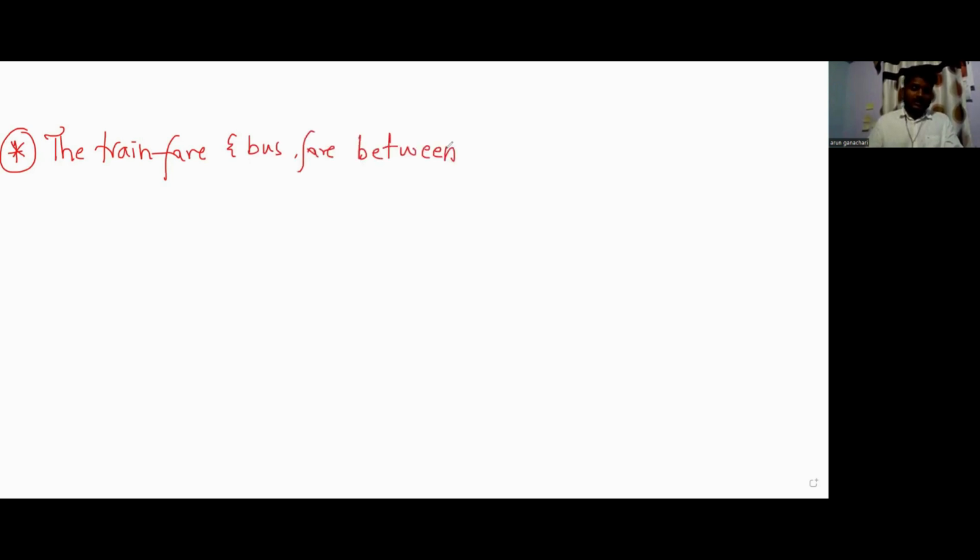Okay, let's start with your sums. We'll take one ratio related sum. This is a little bit different. So let's start this. The train fare and bus fare. What is the meaning of fare? Fare means price between two stations. It is in the ratio 3:4.